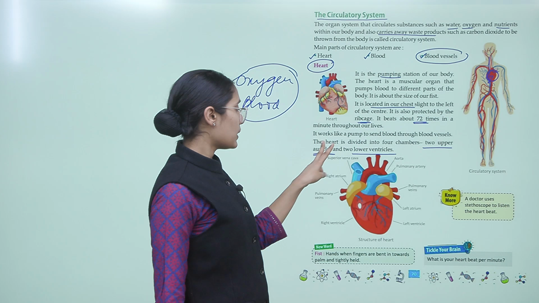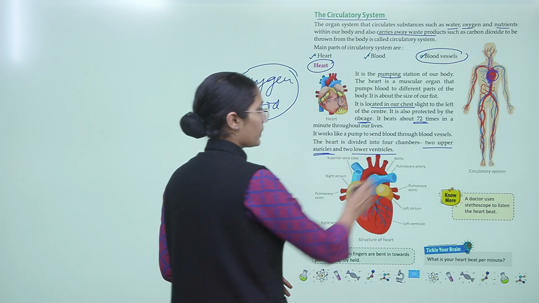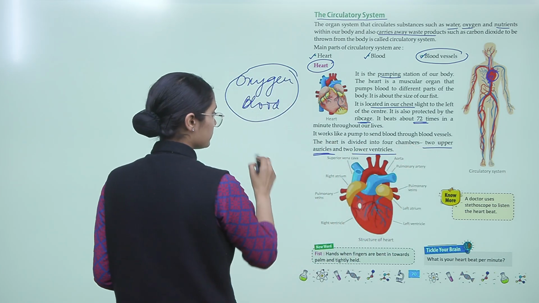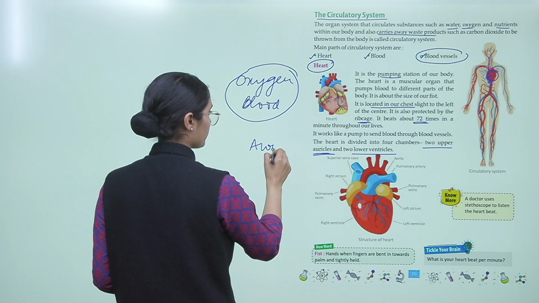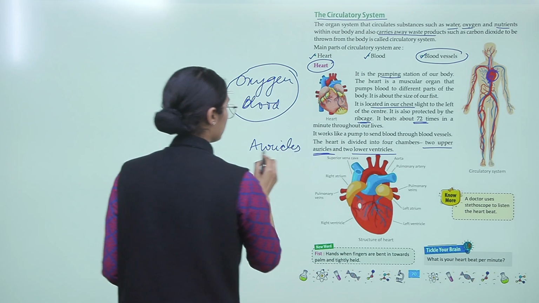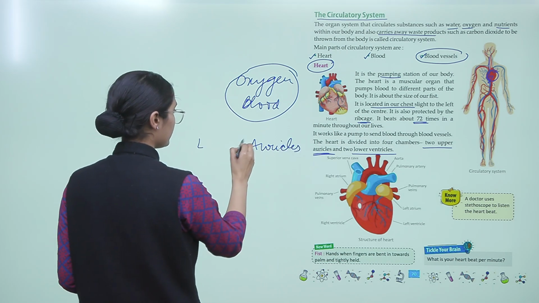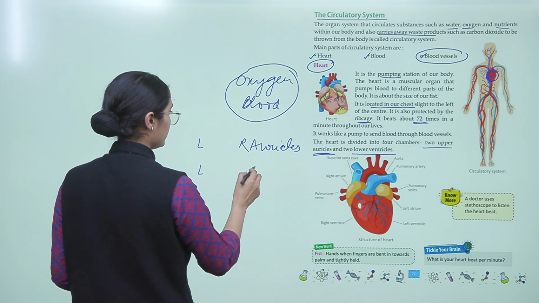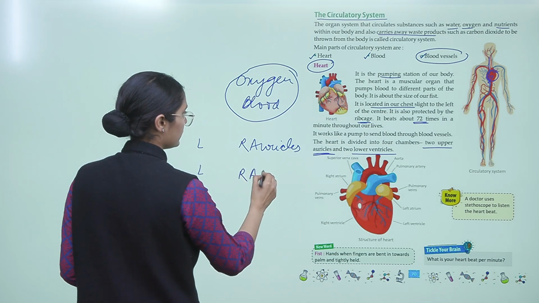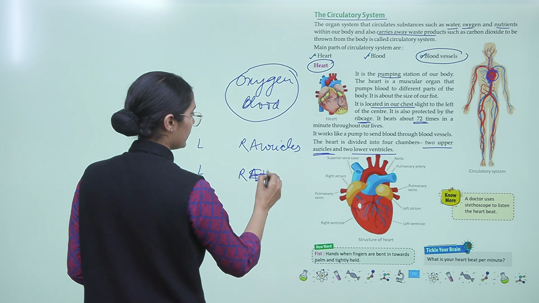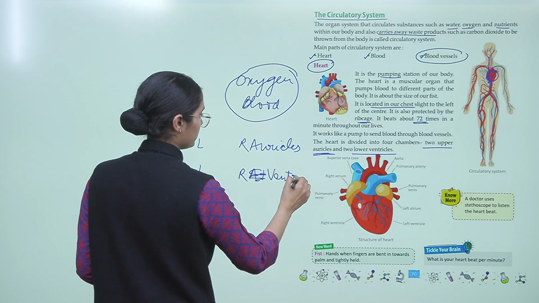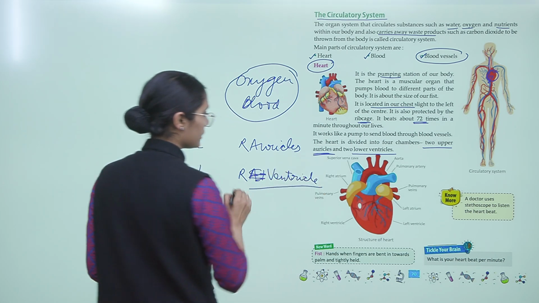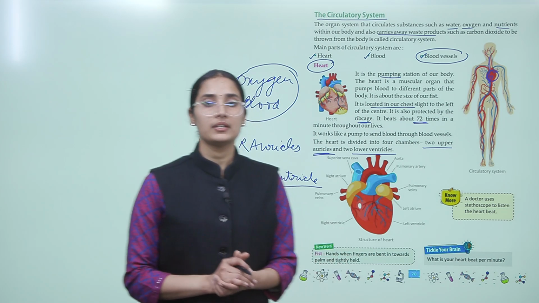So our heart has 4 chambers, 2 upper auricles, the left and the right atrium, and the left and the right ventricle, okay. So we have auricles and ventricles, right?